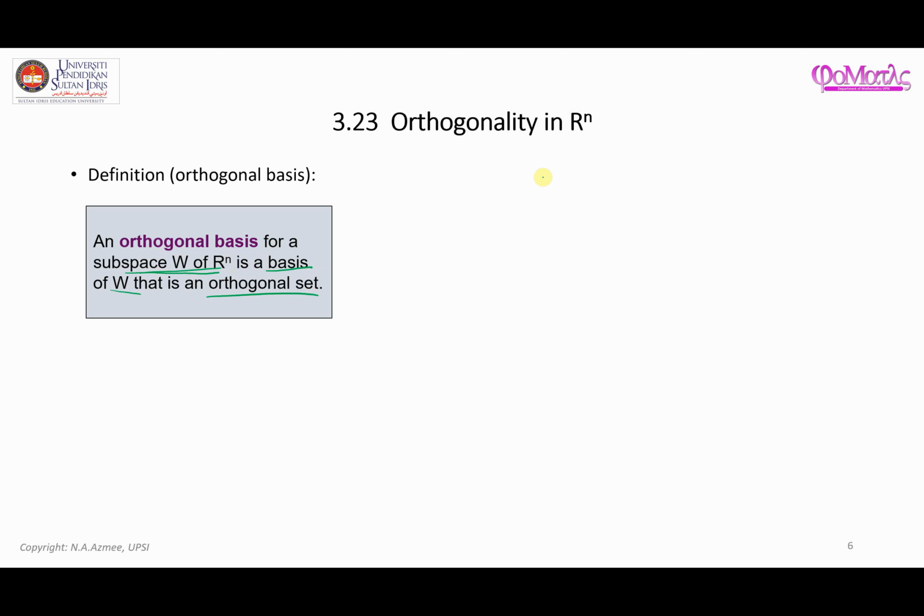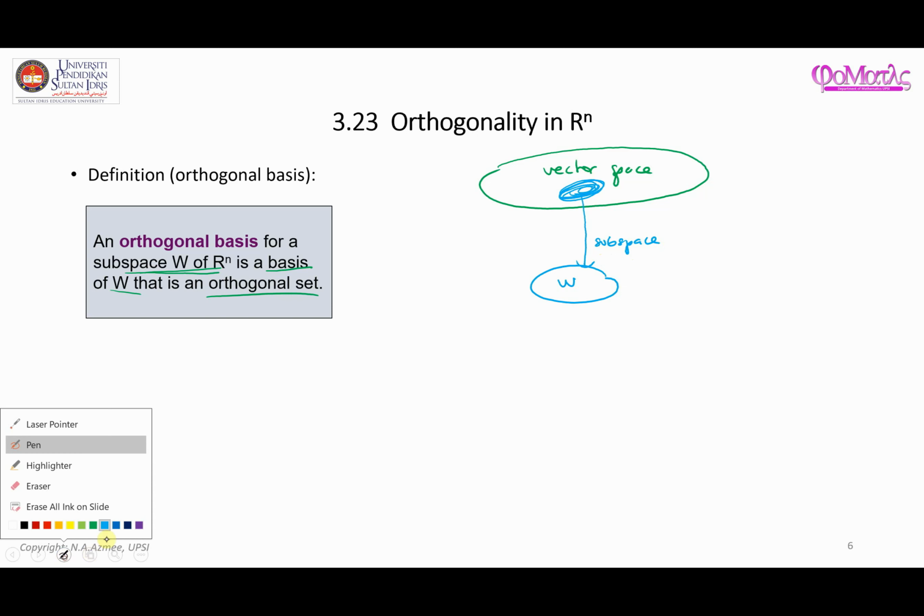Let's imagine we have this vector space right here, and let's say we have this subspace, which we're going to call W. What we have to do next is find the basis of W.